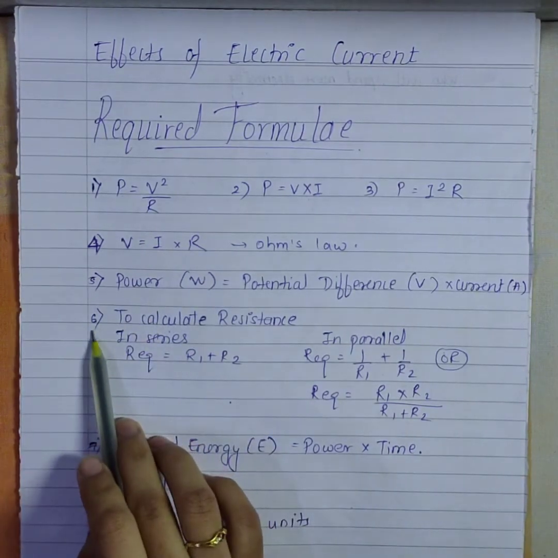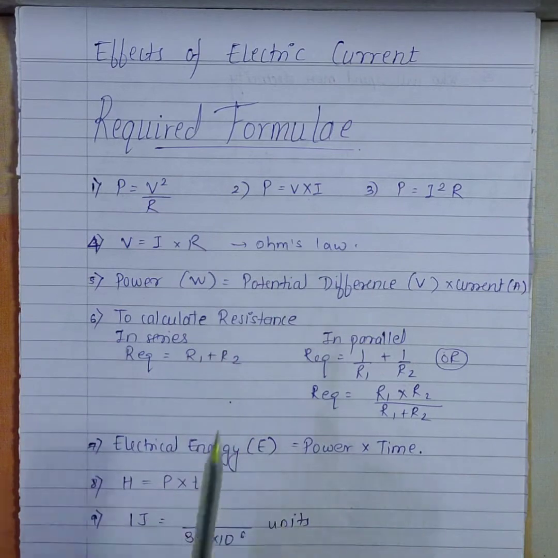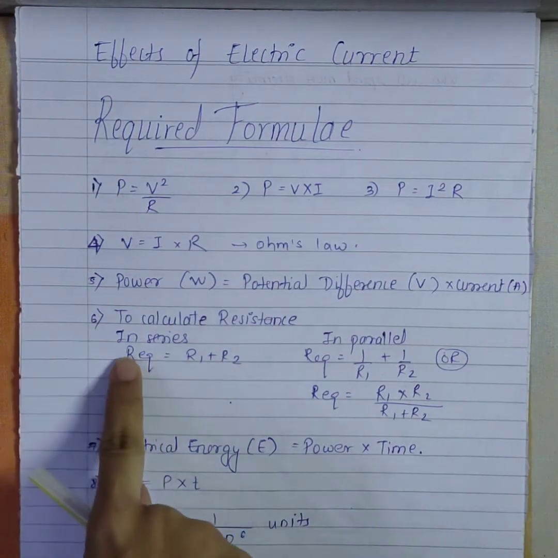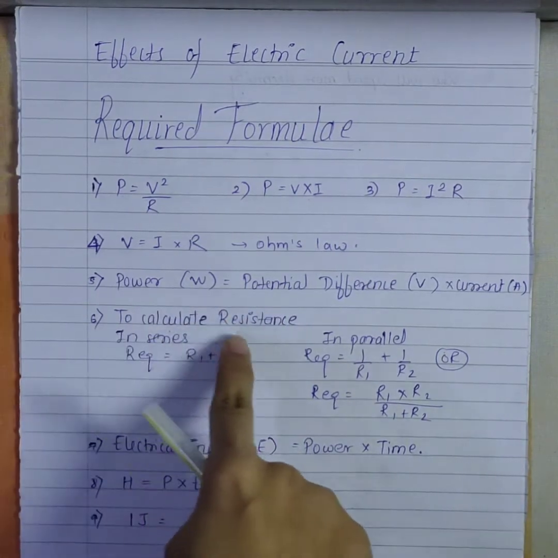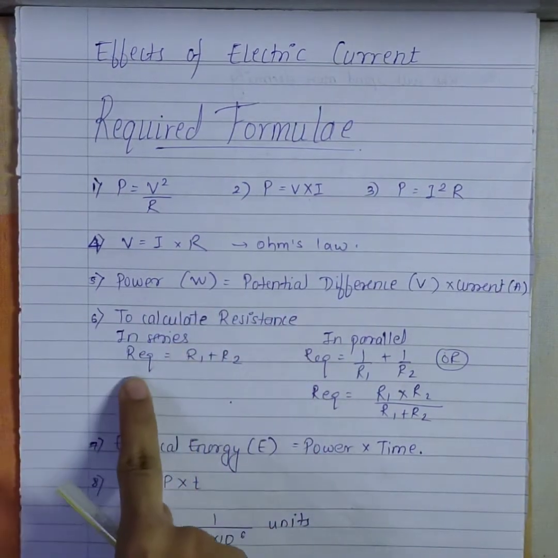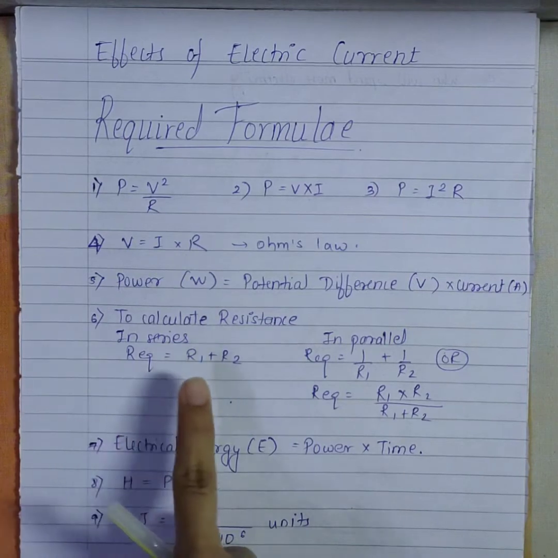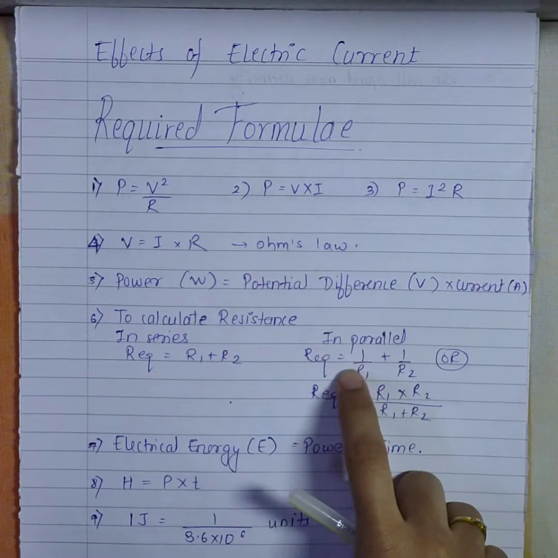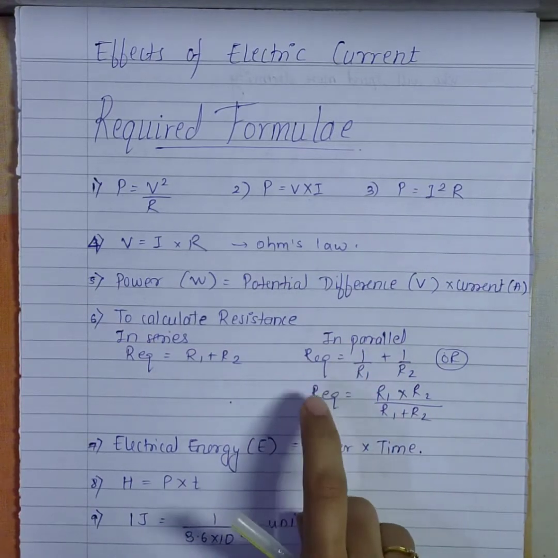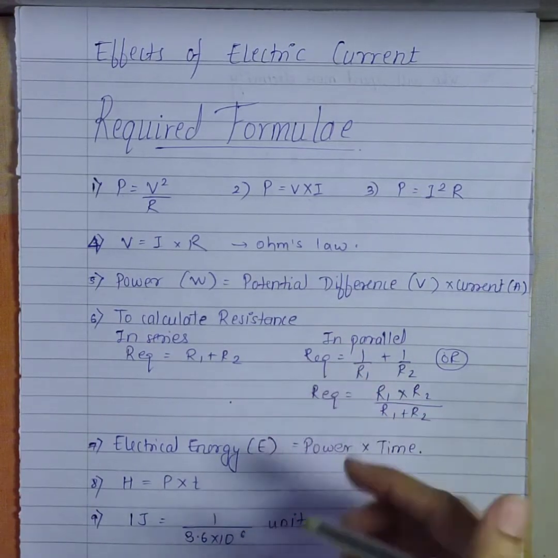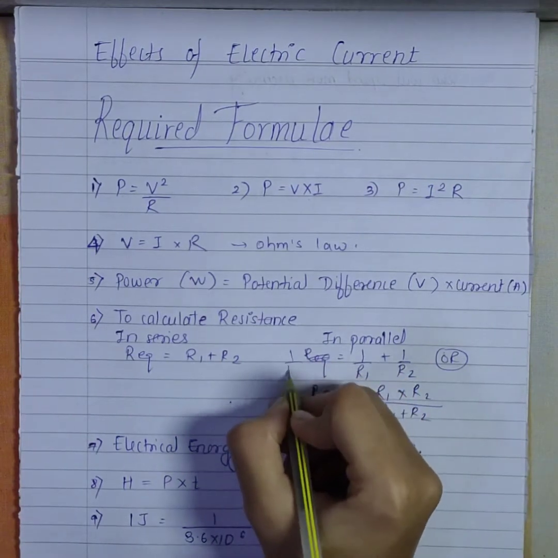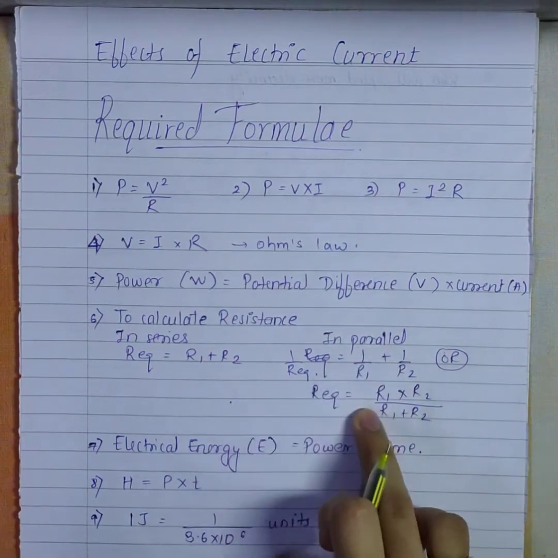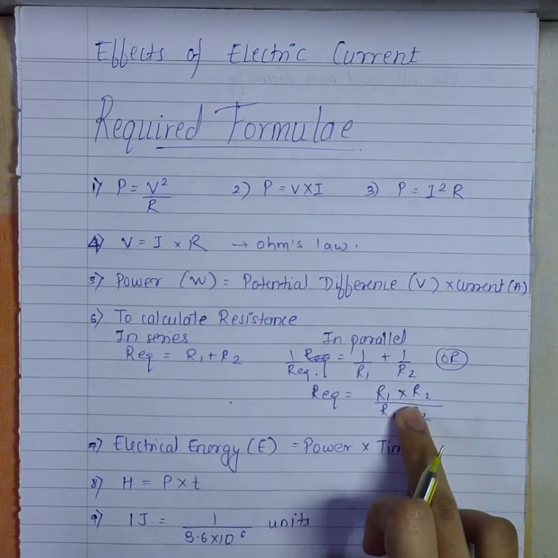Okay. The sixth formula is to calculate resistance. Now you have also learned this in your lower classes, where if the resistors are connected in series, your equivalent resistance becomes R1 plus R2 plus R3 and so on. If they are connected in parallel, your required resistance becomes 1 by R equivalent is equal to 1 by R1 plus 1 by R2.